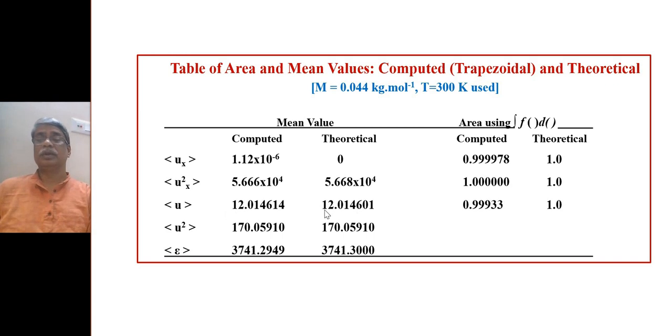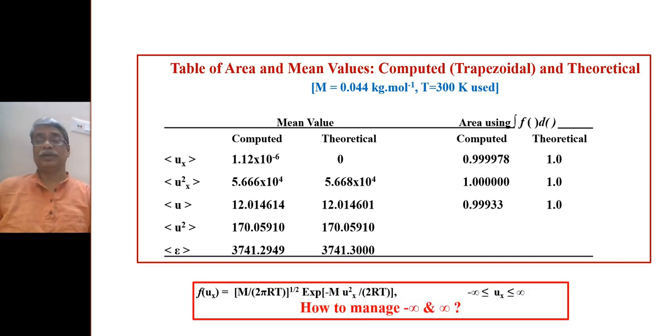U average similarly very close; u square average and energy average are all very close, the theoretical and computed values. Not only that, we have used the area calculation, that means the simple integral of fux or fu or fe, whatever it is, and then the volume element, and that area or the total probability is supposed to be 1 theoretically, and we are getting, okay, all are very close to 1, right? And you can even further improve the result.